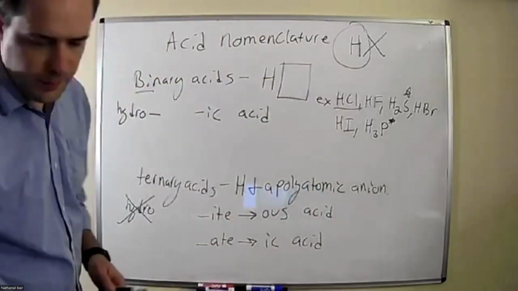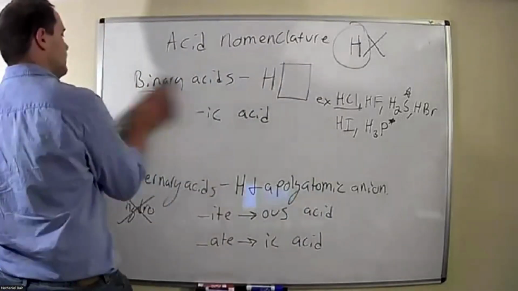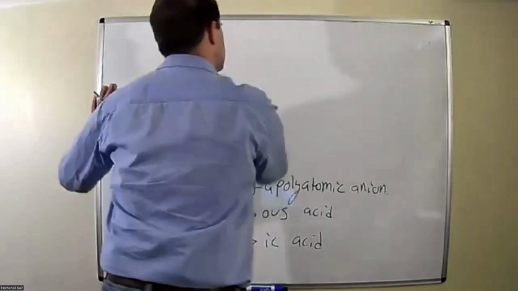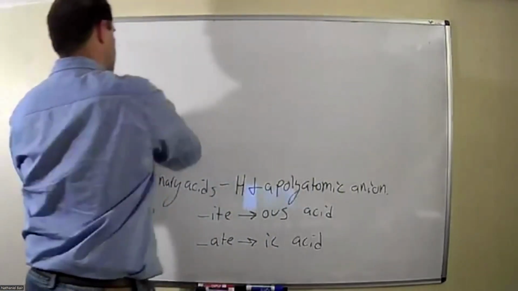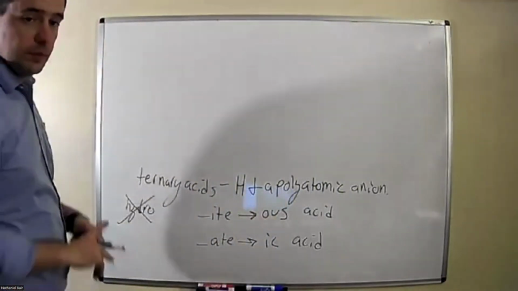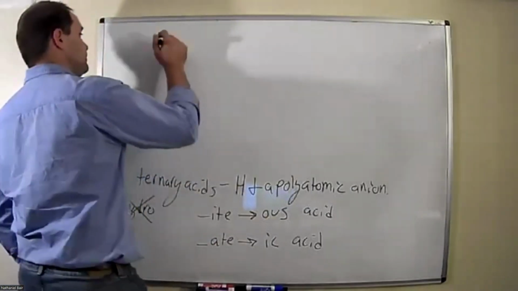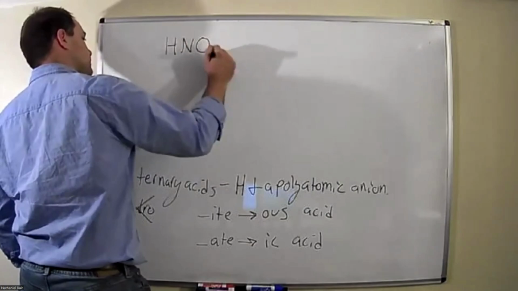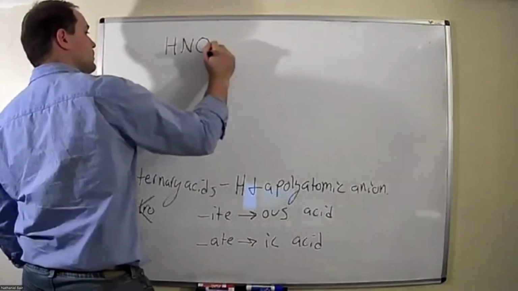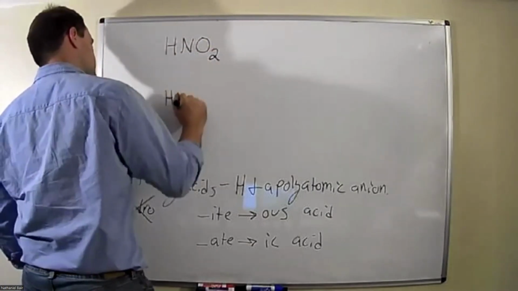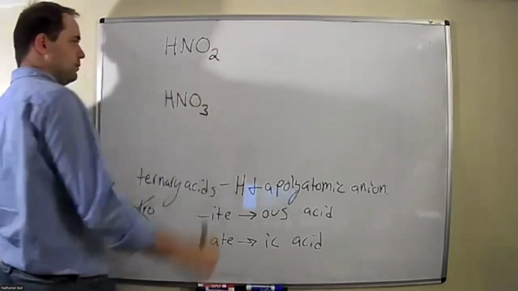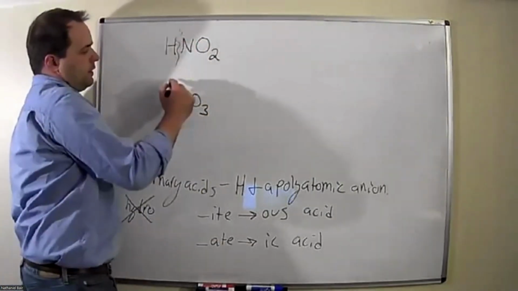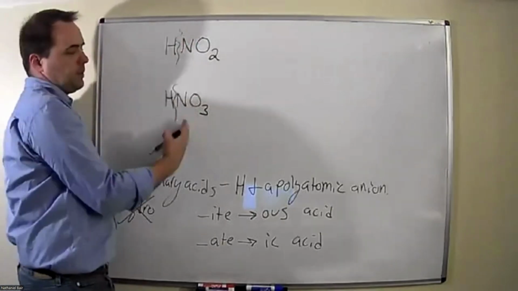I'll give you some examples. Here we have an acid that's got polyatomic ions.